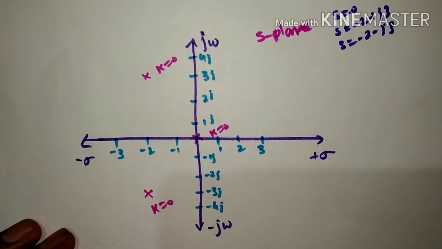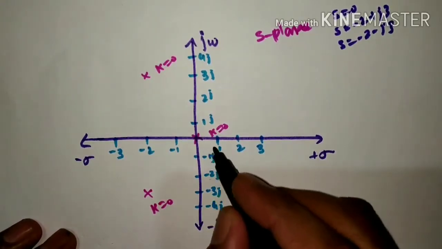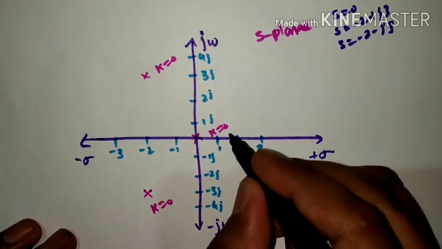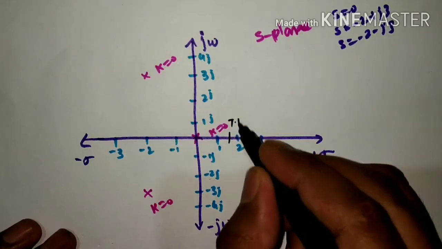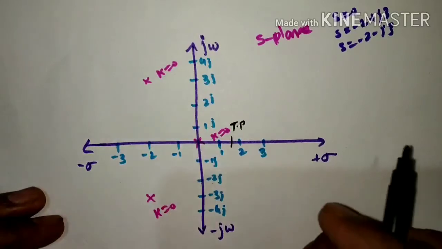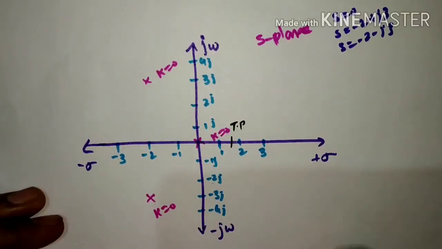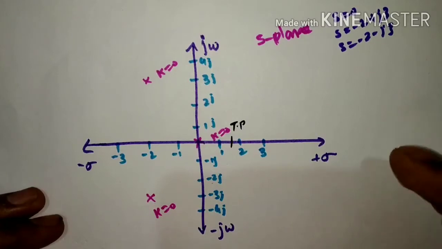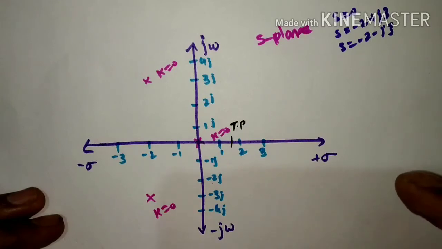So in this real axis you have to find the root locus. How to find the root locus on the real axis? You take a test point, so you take it here. When you observe, only one root is here. This is a test point, TP. To the right side of this test point, if the sum of poles and zeros is an odd number, then that part actually exists in the root locus path.